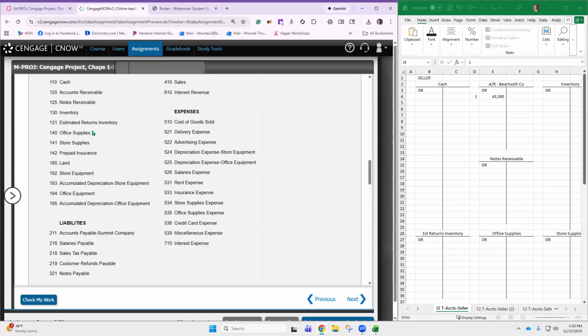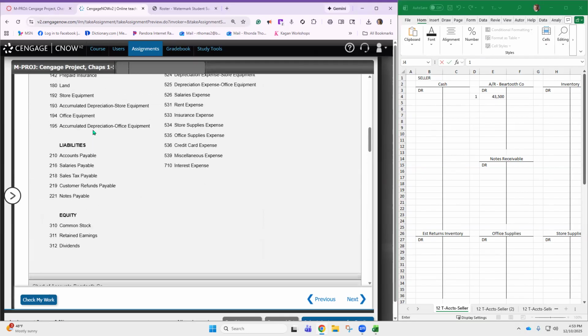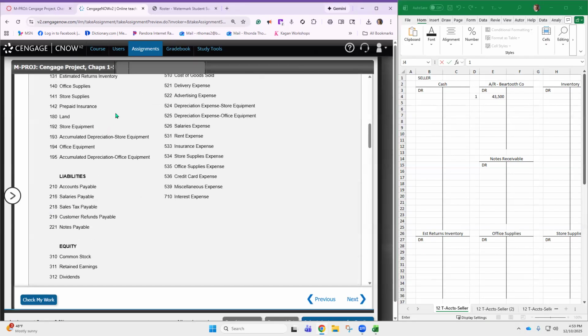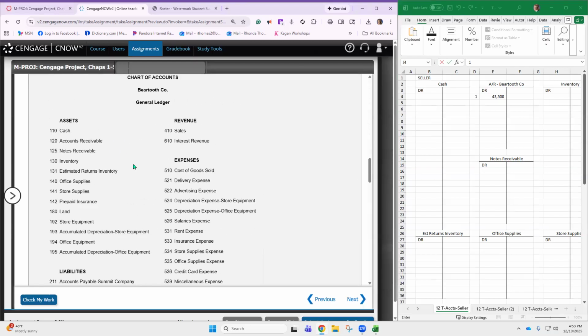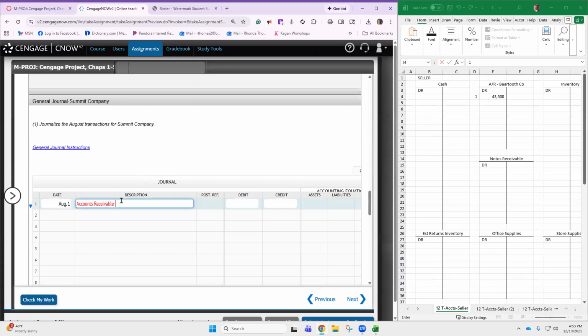And make sure you're looking at the sellers, because the seller is the only thing that's different: the AR says Beartooth and the buyer, the AP says Summit. Okay, so we want accounts receivable Beartooth to be the debit, our first debit. It's fussing at me already because I didn't put it in right. Okay, there it is. Accounts receivable Beartooth Company.